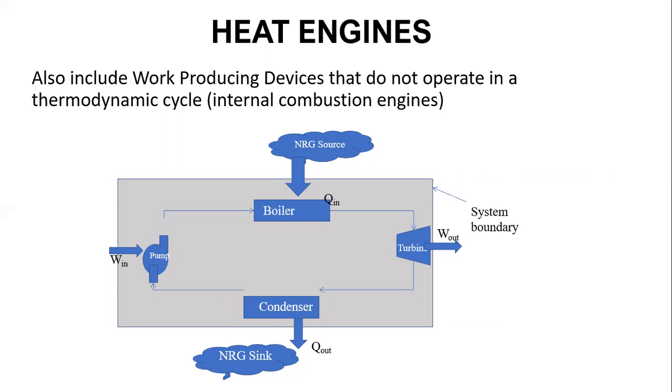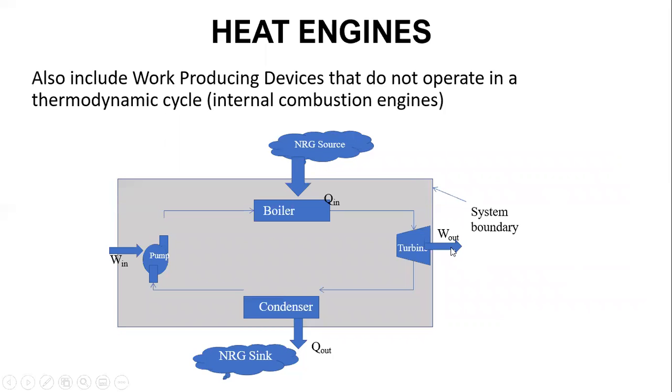Then it's going to convert a part of this heat energy to work. In this example, we are using the steam generated from the boiler to drive the shaft, right? So it's rotating the shaft, okay?